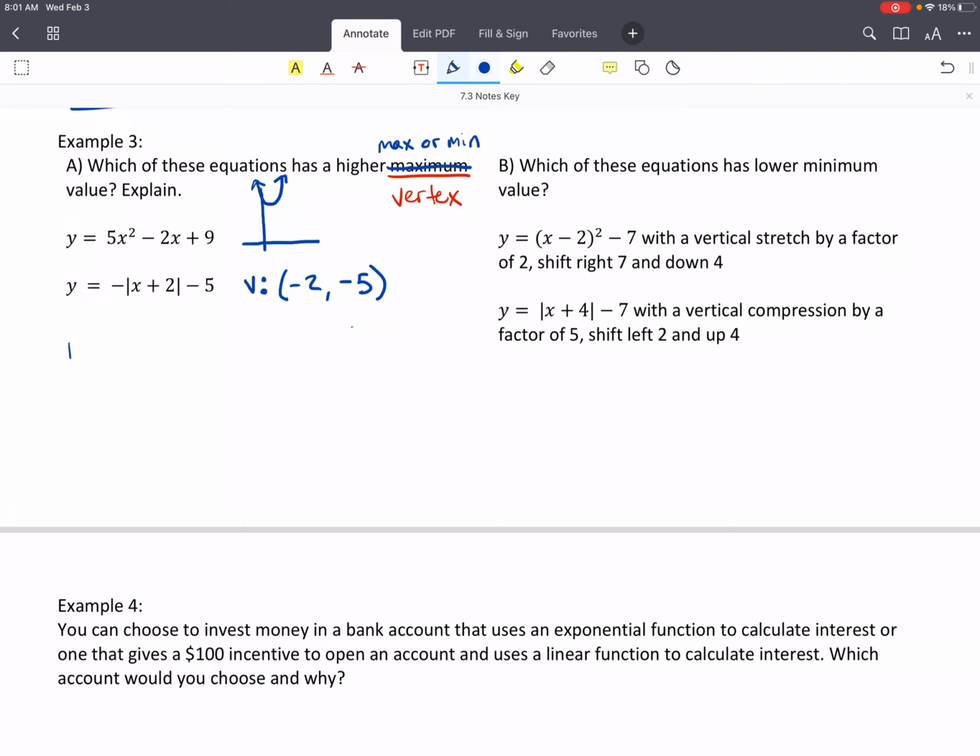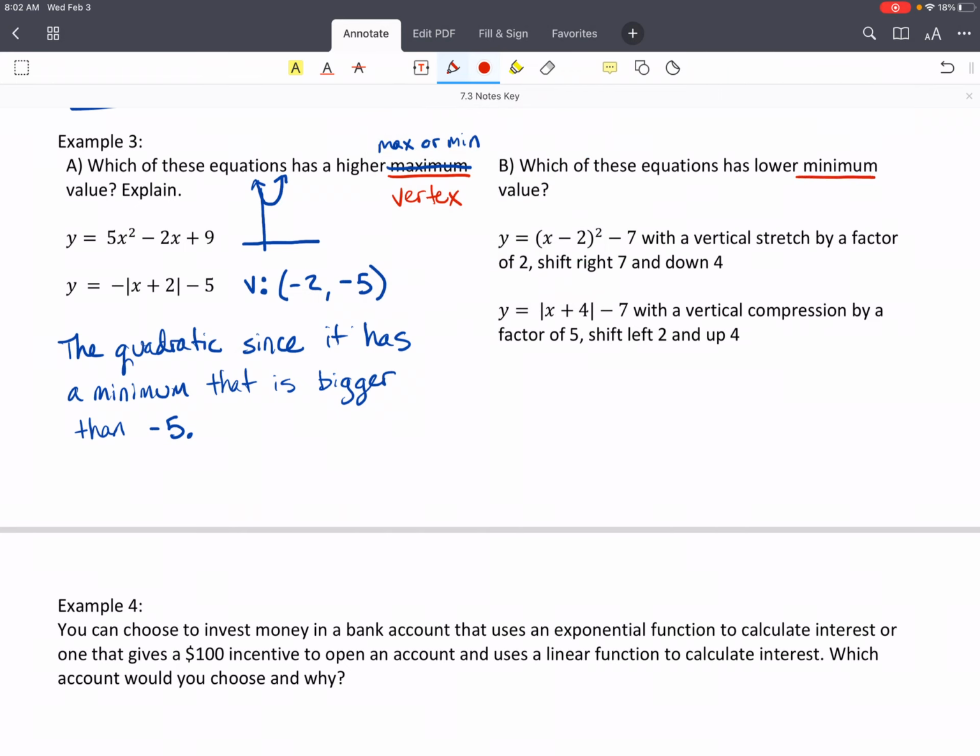And so we're going to say the quadratic, since it has a minimum, is bigger than -5. Notice I didn't even find the specific coordinate of the vertex. I can just tell that it's already higher than -5.